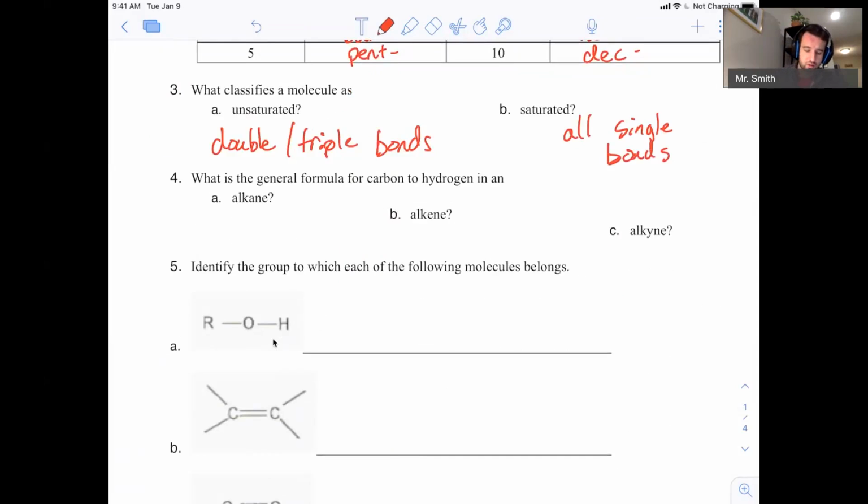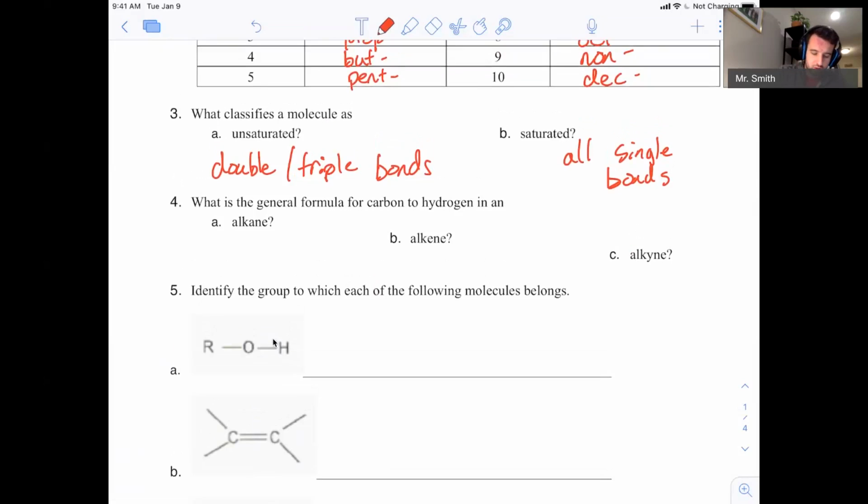So just to throw an example at you, something like C, C, C, we'll put 3 C's here. Something like this would be unsaturated, and then something like this would be saturated. So it's easy to get those switched up. Sometimes people mess that up. Please don't mess that up.